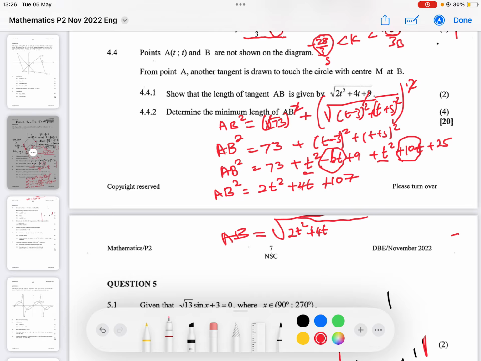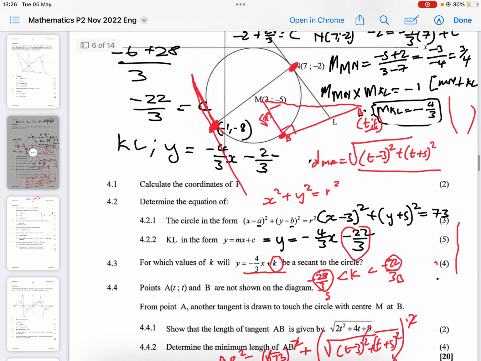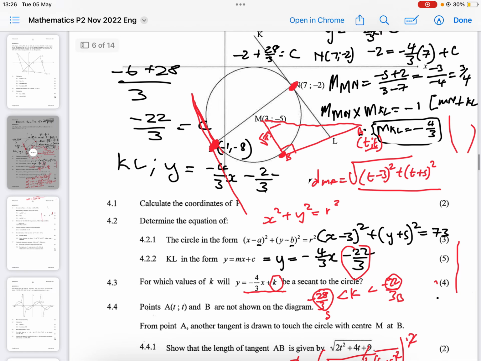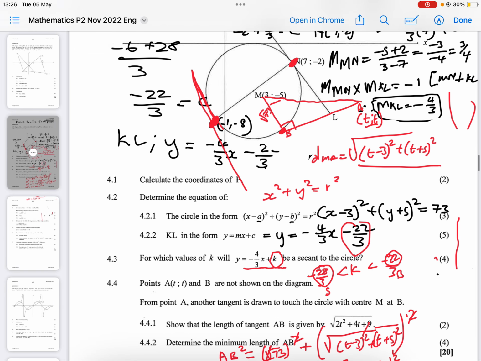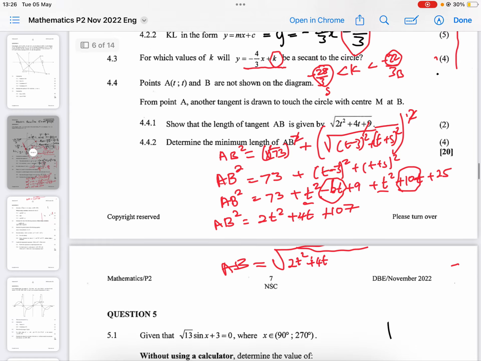I believe there's a mistake somewhere here. It's 3 minus t, minus 3, t plus 5.